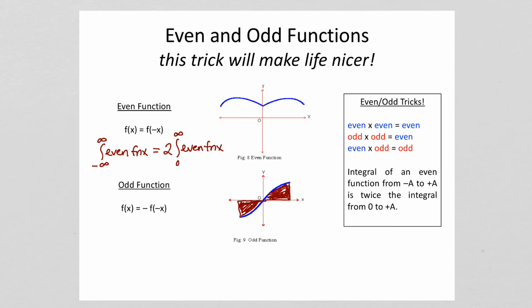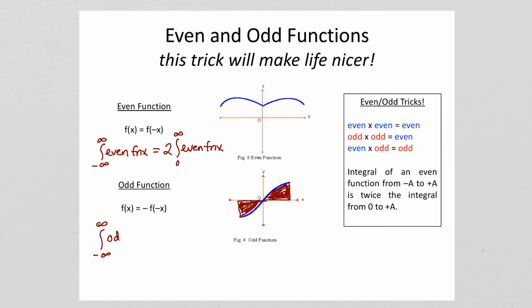So what does that tell us about odd functions? Well, if we take the integral of an odd function over our symmetric space, again, remember harmonic oscillators get integrated from negative infinity to infinity, as long as you're symmetrical about your center with your bounds, you'll have that odd function behavior.